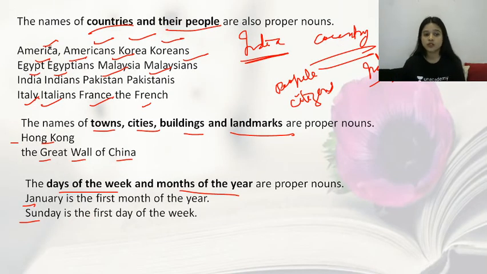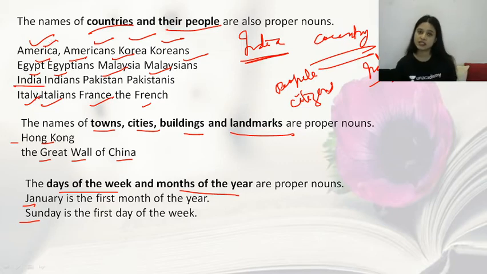Similarly, if you want to write America, you will use capital letter. If you want to write India in a sentence, the letter I will be capital even if the word India comes in the middle or in between a sentence. Similarly, Indian, if you're writing, this is a proper noun. So I will be capital even if this is used in the middle of a sentence.